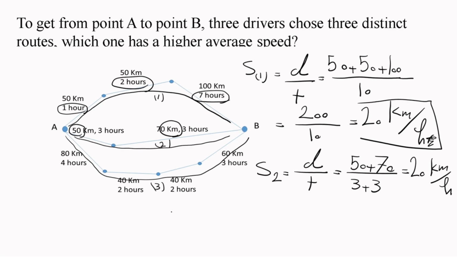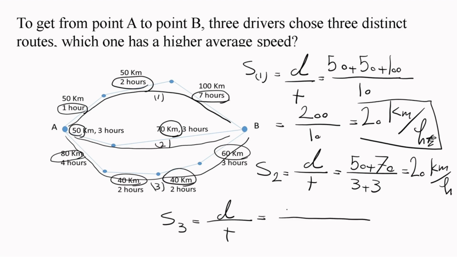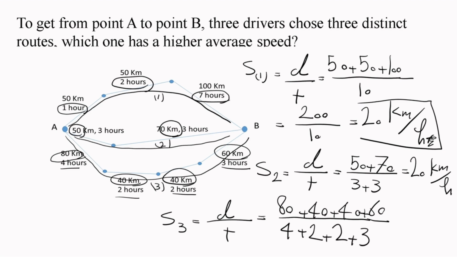For the last driver, or third driver, we can easily calculate the average speed, D over T. So 80 plus 40 plus 40 plus 60. And we must add all the times which are related to the third driver: 4 plus 2 plus 2 plus 3.